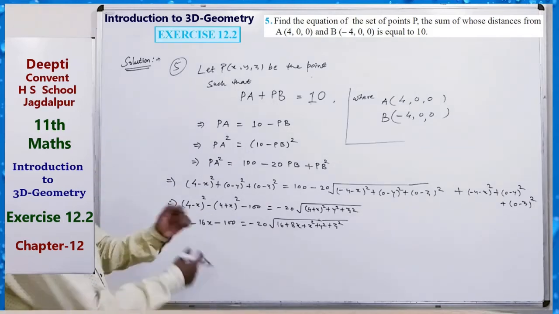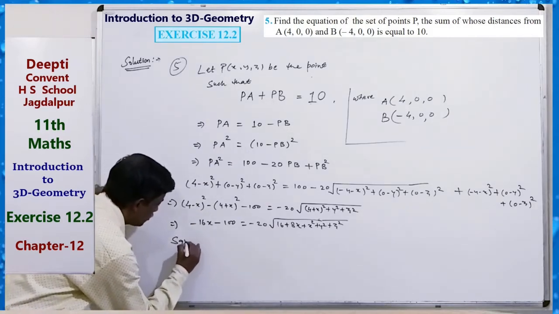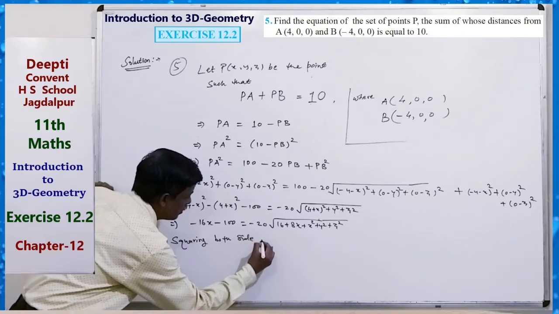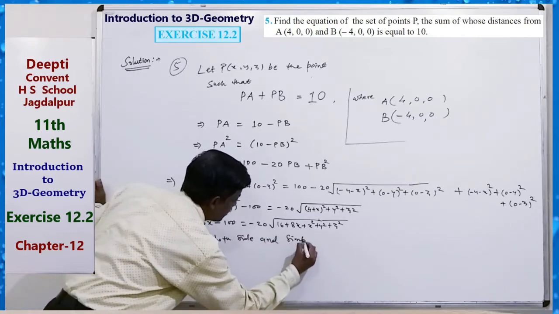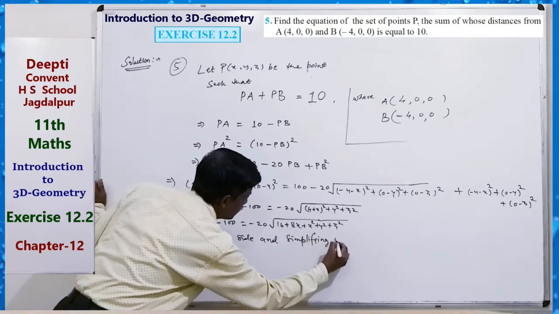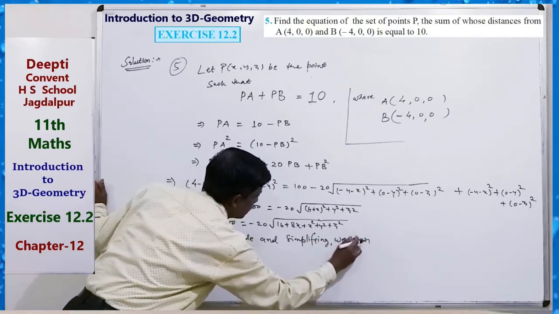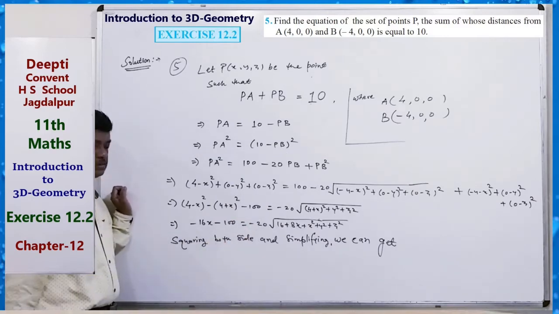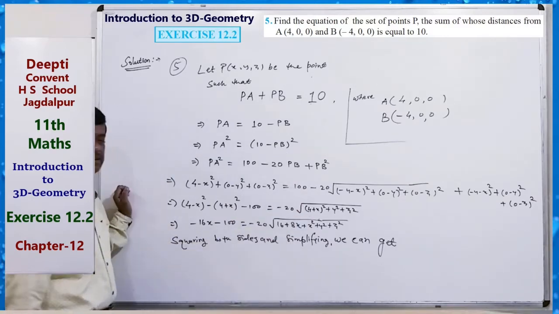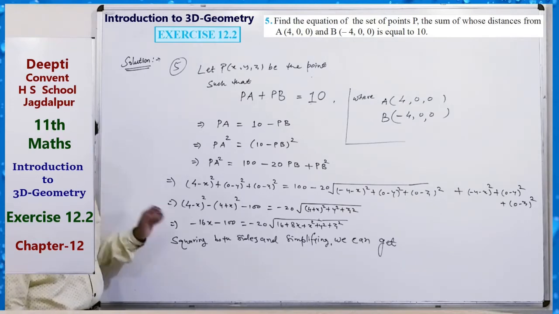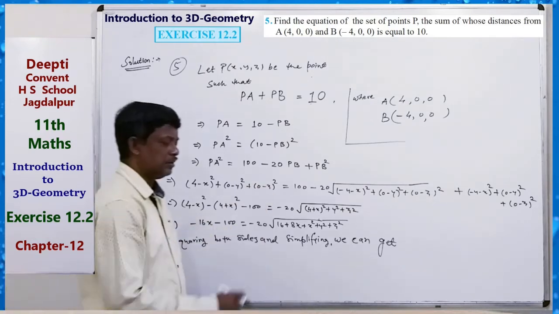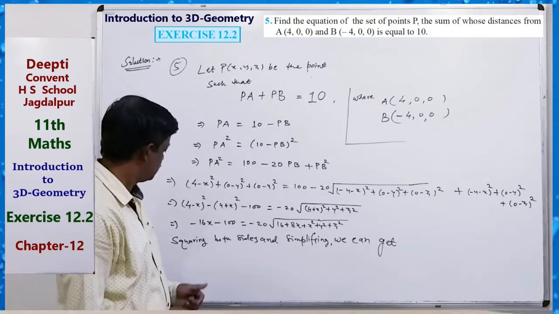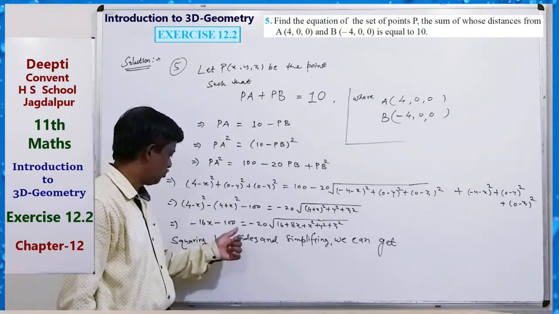Now just squaring on both sides and simplifying, we can get the result as 25 plus 4x, just 25 divided by 4.